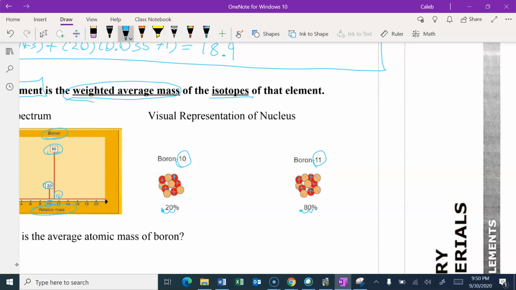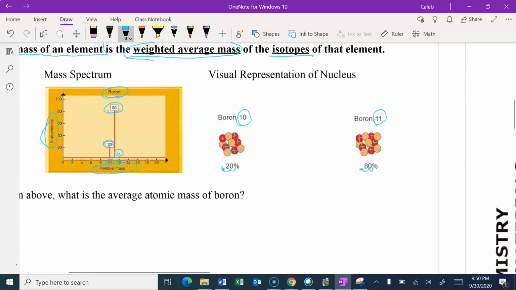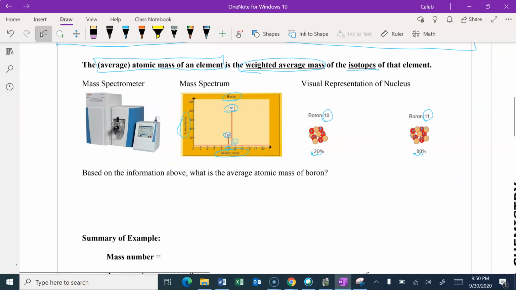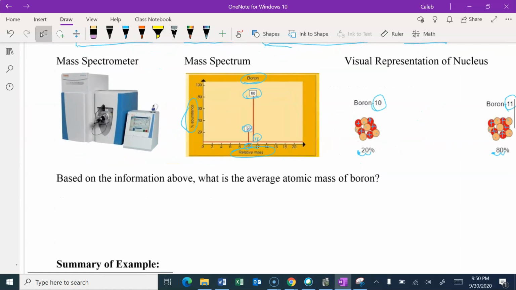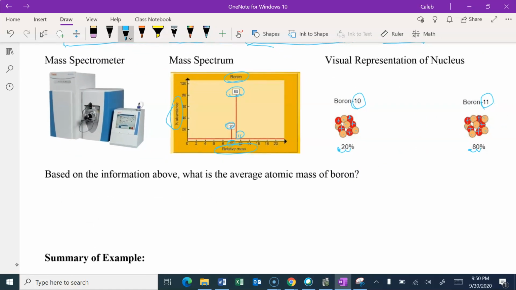So if I wanted to know the average atomic mass, the way I would do that is by putting, I'm just going to zoom out a little bit, 0.20 times 10 plus 0.80 times 11.